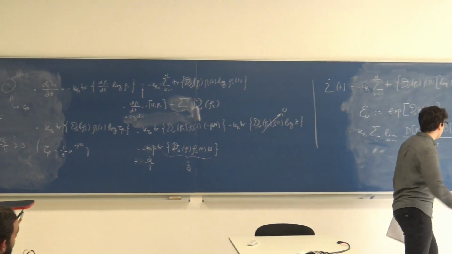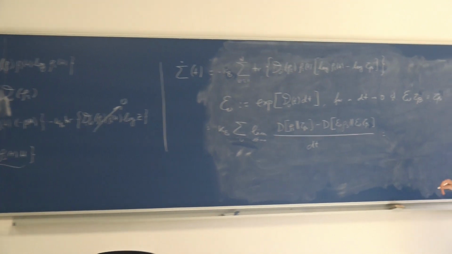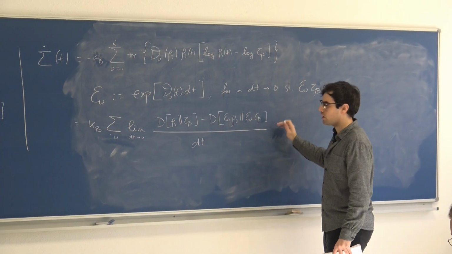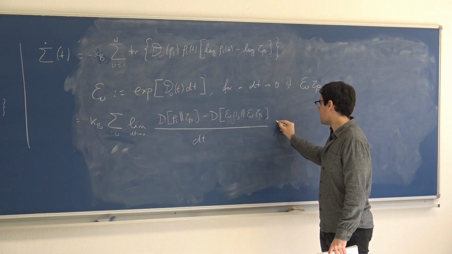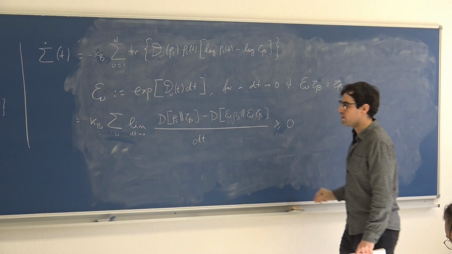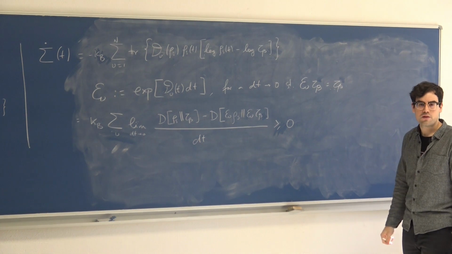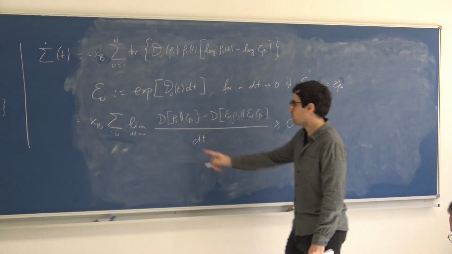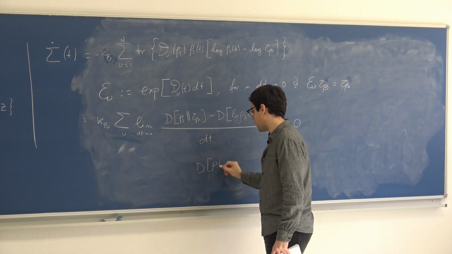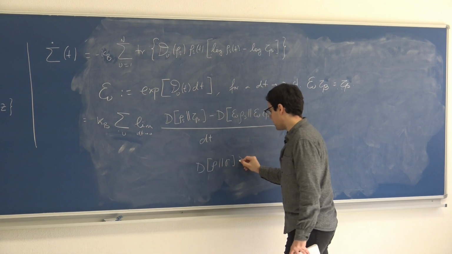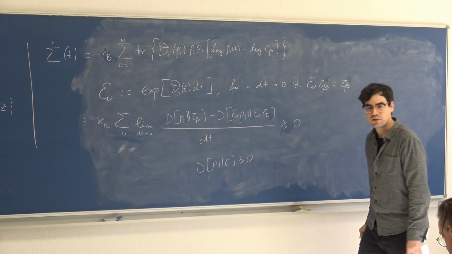Okay. So basically, you can take a look at the derivation of this in the Strasberg book. This is by definition larger or equal than 0, right? Because this is the relative entropy of two density matrices, positive.